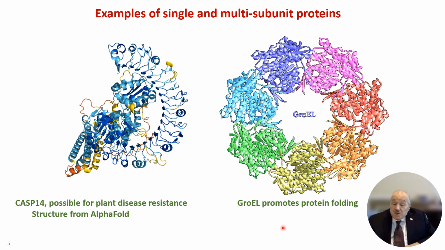Used to be called heat shock proteins because if you gave microorganisms a heat shock, they would make a lot of GroEL because they needed to renature a lot of proteins. Of course, this is a multi-subunit protein. This is a single subunit protein. So there's the examples.